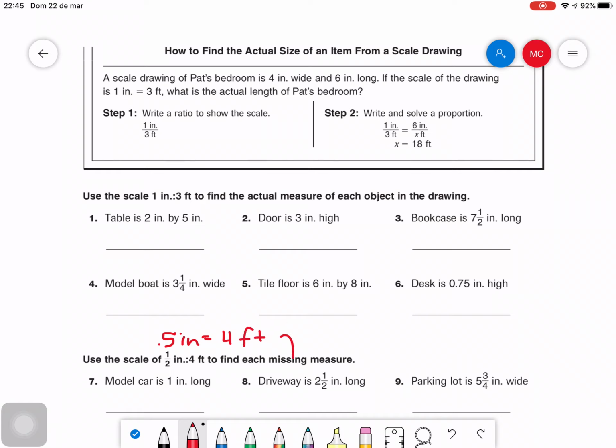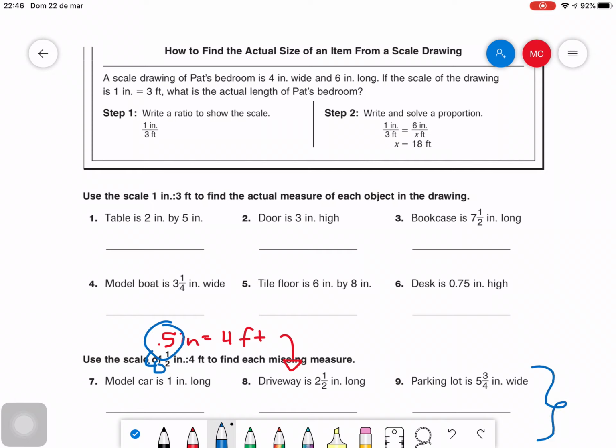This is for this exercise, okay? Remember 1/2 could be easily converted to 0.5 or 0.50, which is the same, okay? This is the same as 1/2. This is the scale that you're going to use for this exercise, the last one, these 3.